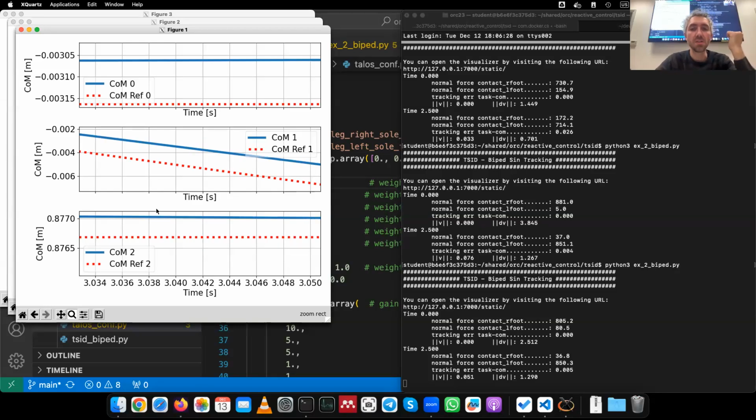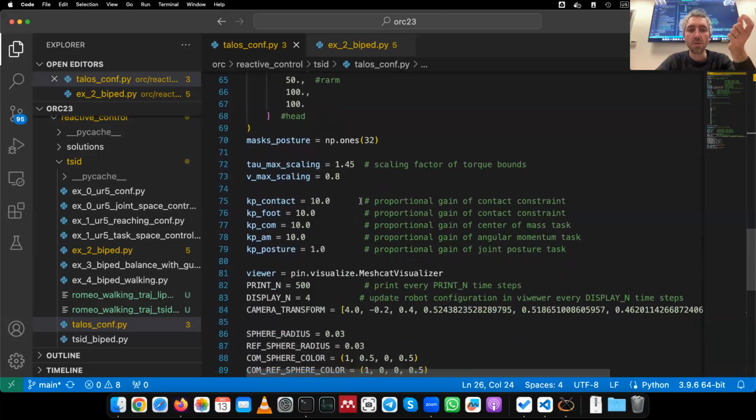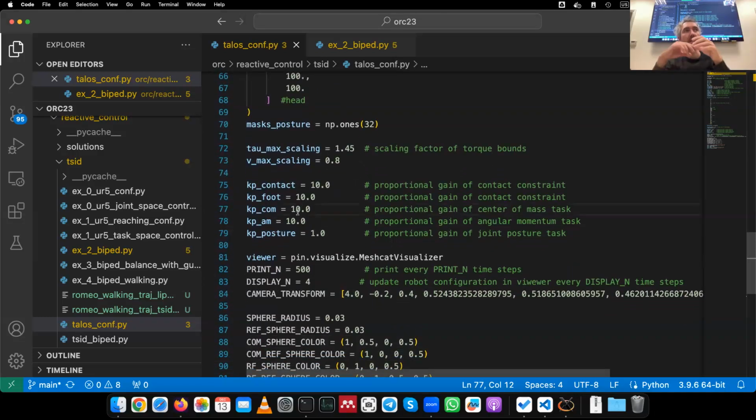I mean, increasing the gains, we have a larger delay, which makes sense, because when we have a very high feedback gain, it means that the feedforward component, so the reference acceleration, is smaller relative to the feedback part of the control, which is the PD part.